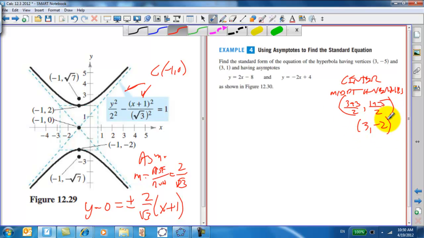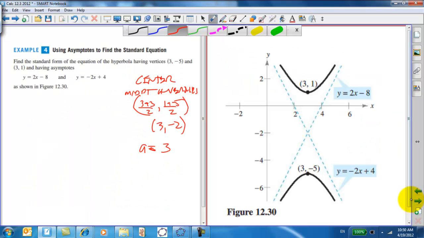That's your center. And now you can see that a equals 3 because both these vertices are 3 away from 3, negative 2. But we don't have b, but we do have these asymptotes, 2x minus 8 and negative 2x plus 4. And notice again, you see them crossing at the center at 3, negative 2. And again, there's your 3 for the vertices.